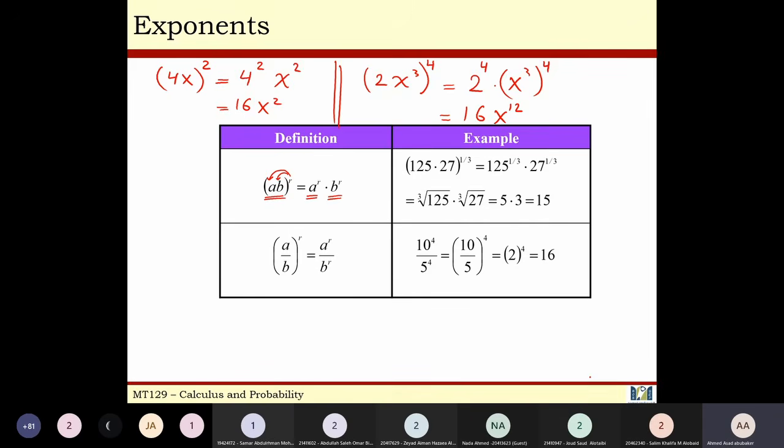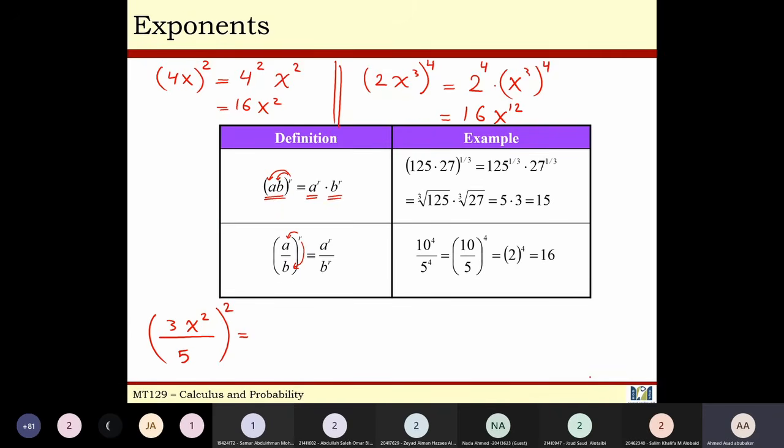Now, also if we have a fraction, we can distribute the exponent in numerator and denominator. For example, if we have 3x to the power 2 over 5 all to the power 2.